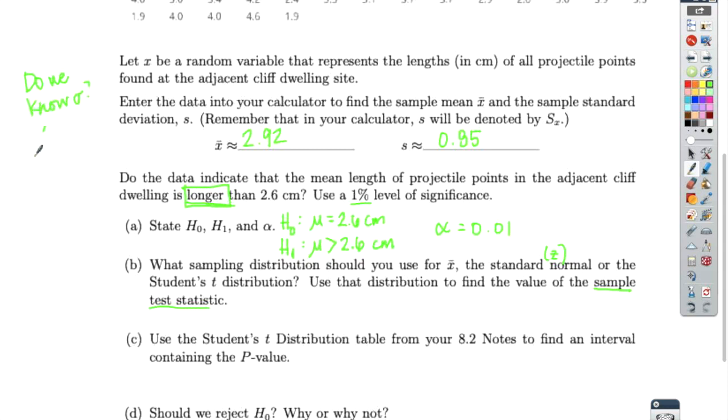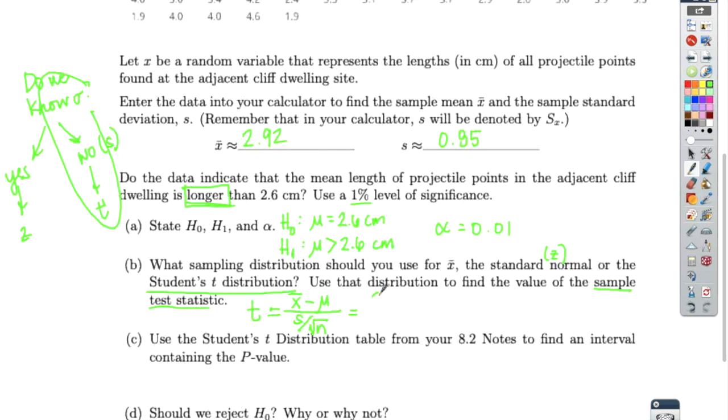If the answer is yes, then we use z, and if the answer is no, then we use t. And in this case, no, we don't know sigma. Well, we know s, but we don't know sigma. So we're going to use the student's t distribution. We'll use the formula t equals x bar minus mu over s over the square root of n, and we'll plug in the values that we have.